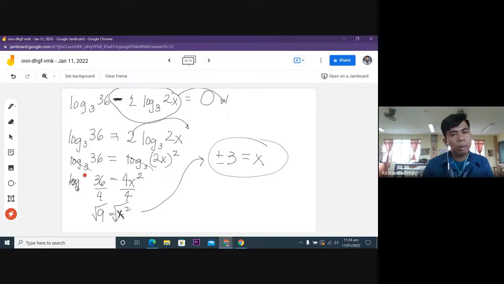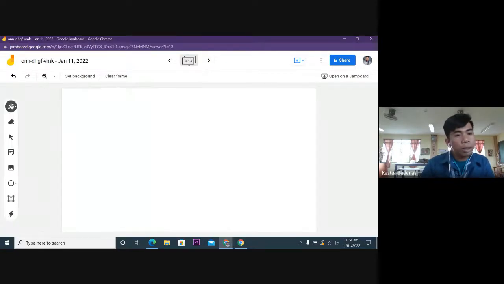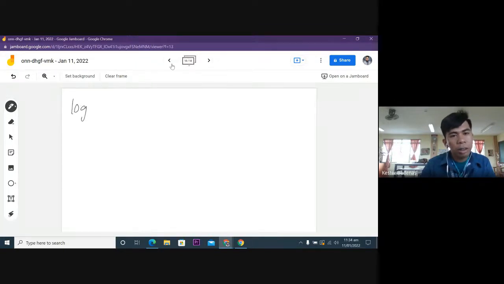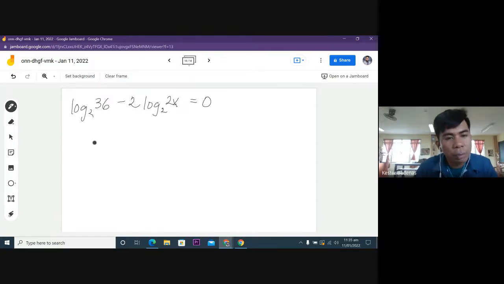Sige, try natin yung isang way. Logarithm of 36 divided by, minus logarithm of 2x squared with the base 2.